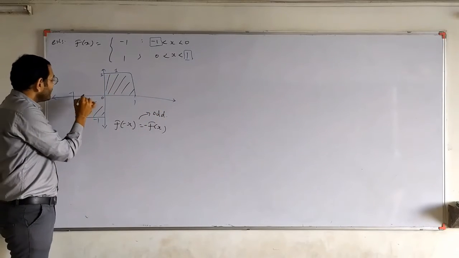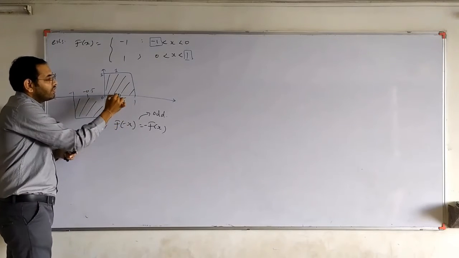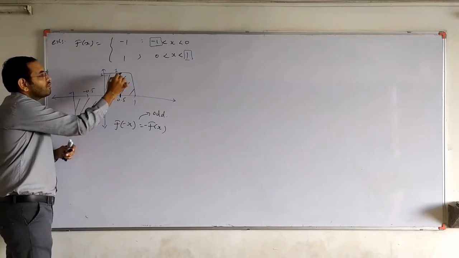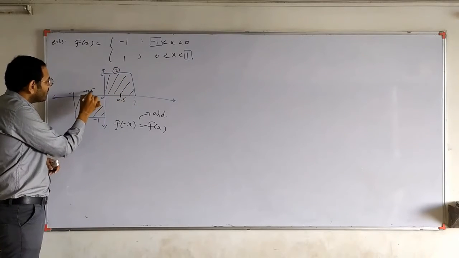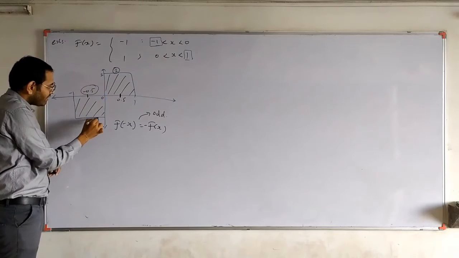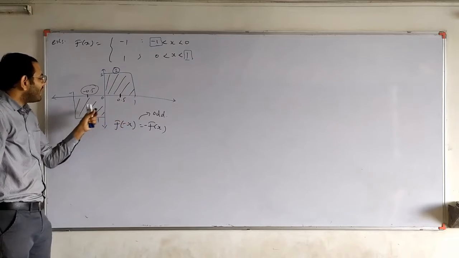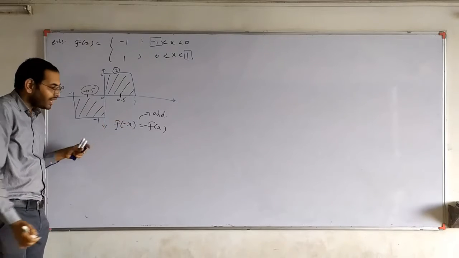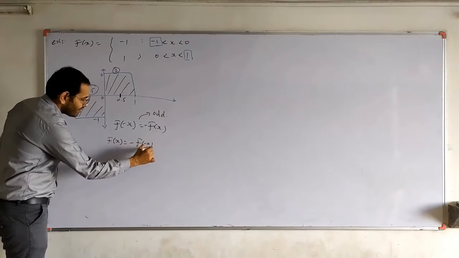How? Here suppose minus 0.5, here suppose 0.5. Then at 0.5, the function has value 1. Then at position minus 0.5, the function has value minus 1. Then we have values of opposite sign. Then we can say that f of minus x equal to minus f of x.